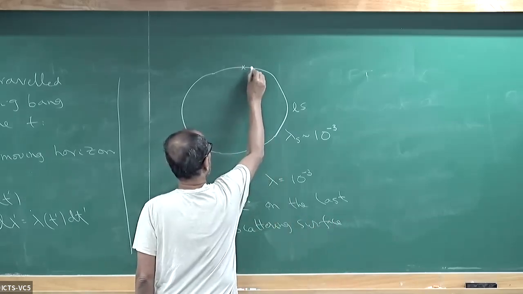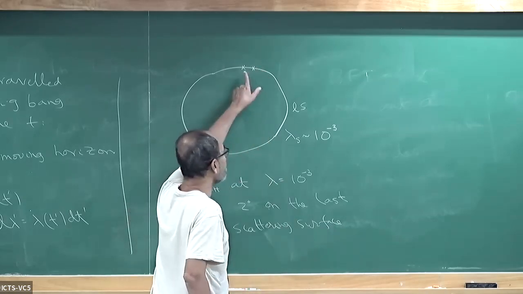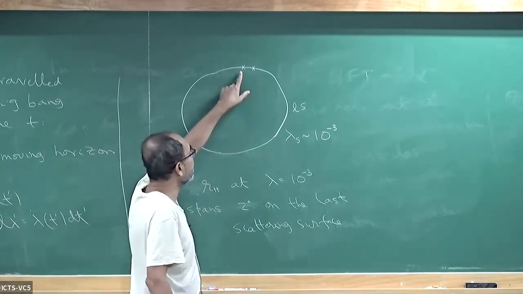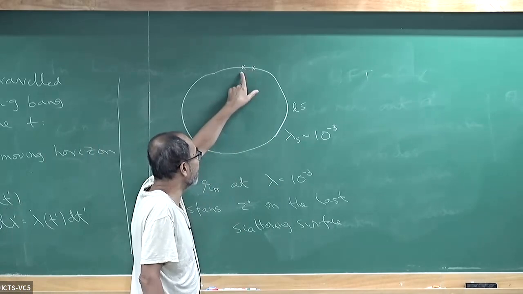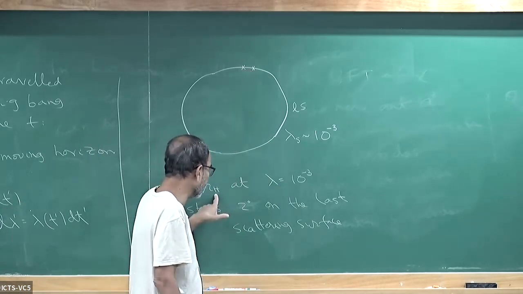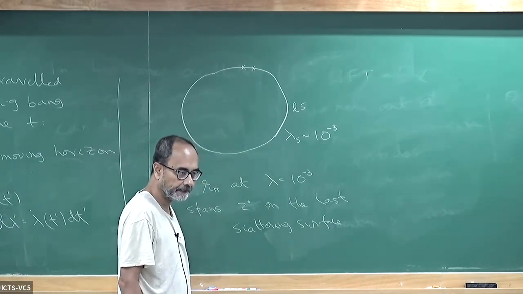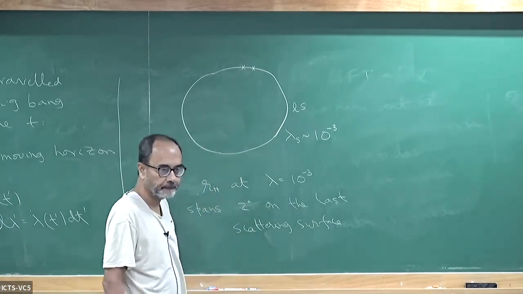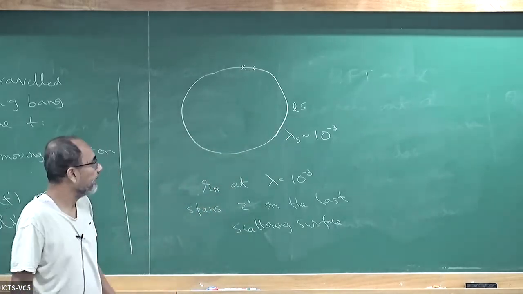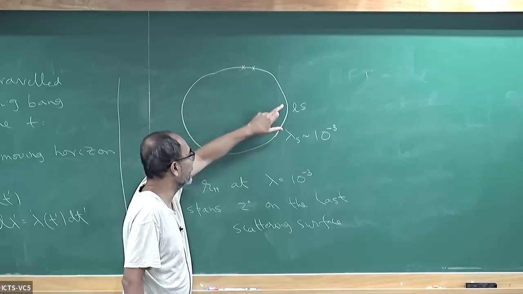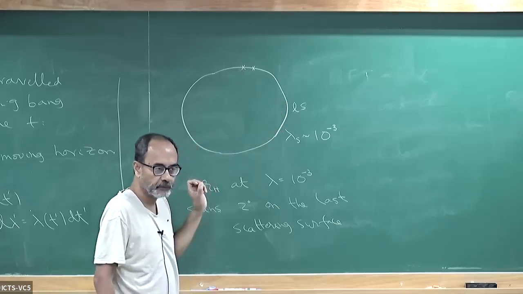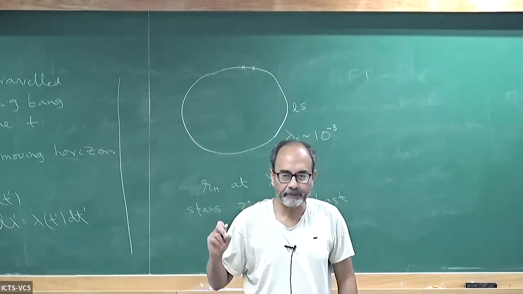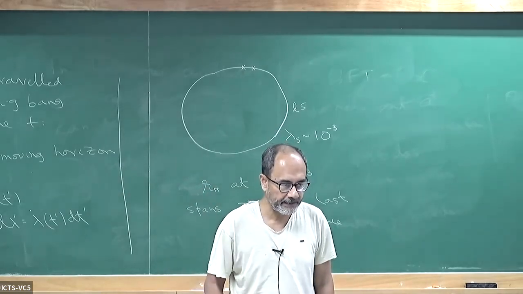So if you take 2 points on this last scattering surface, and take any one of those points and see how far you go, when you travel a distance of RH of lambda s, that's about 2 degrees in the sky. This means that anything outside 2 degrees, between here and here, for example, or between here and here, there would have been no light travel from the time of the Big Bang till the time of last scattering.